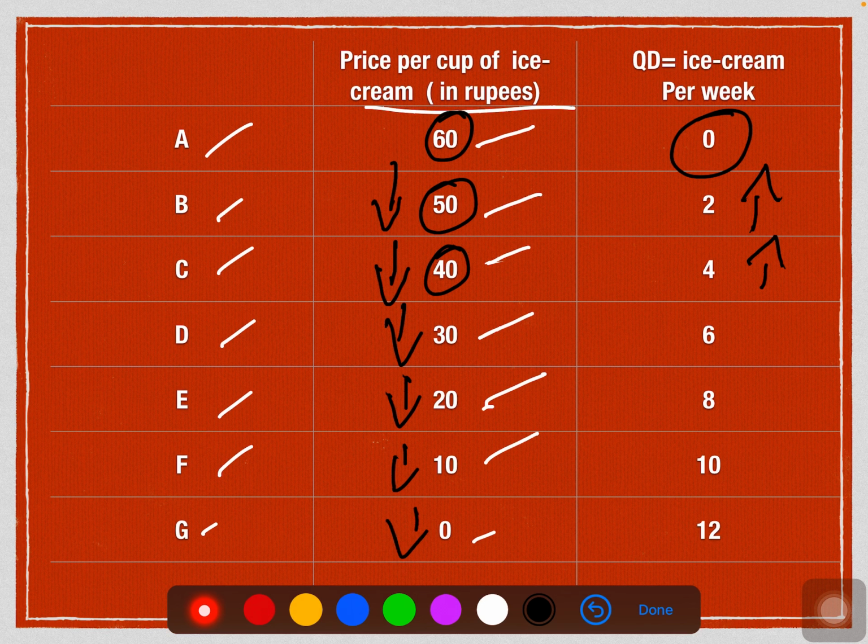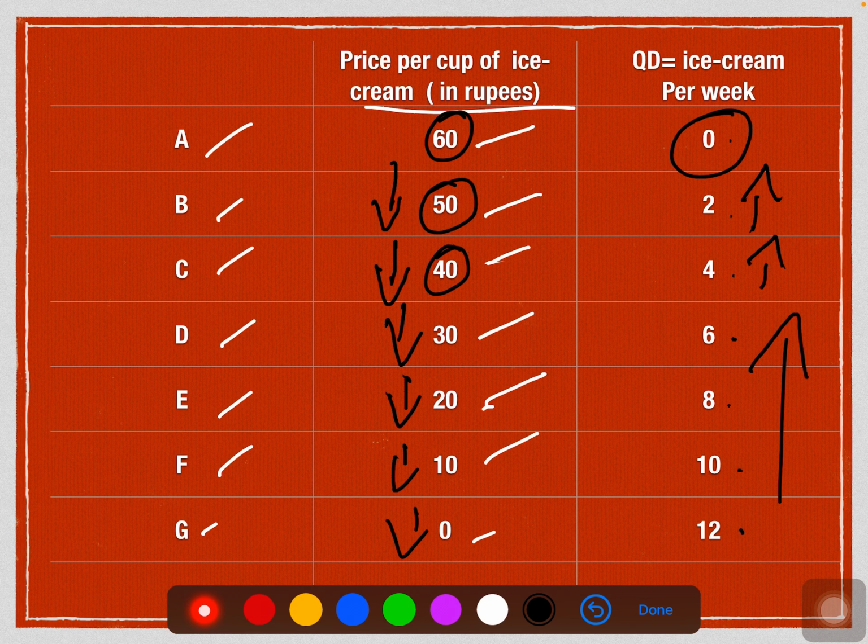Continuously you can see the price of the good is decreasing. As I'm offered lesser and lesser prices, the quantity demanded started increasing from 0 to 2, 2 to 4, 4 to 6, 6 to 8, 8 to 10, 10 to 11.